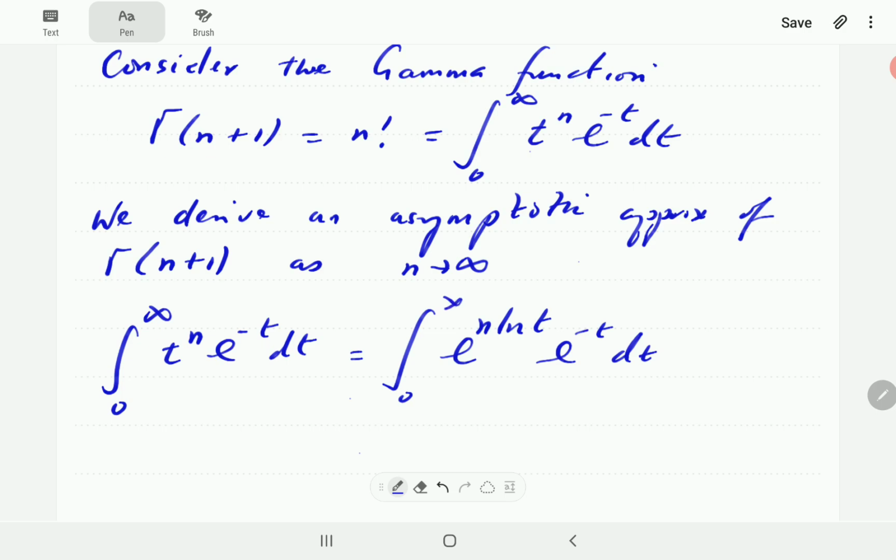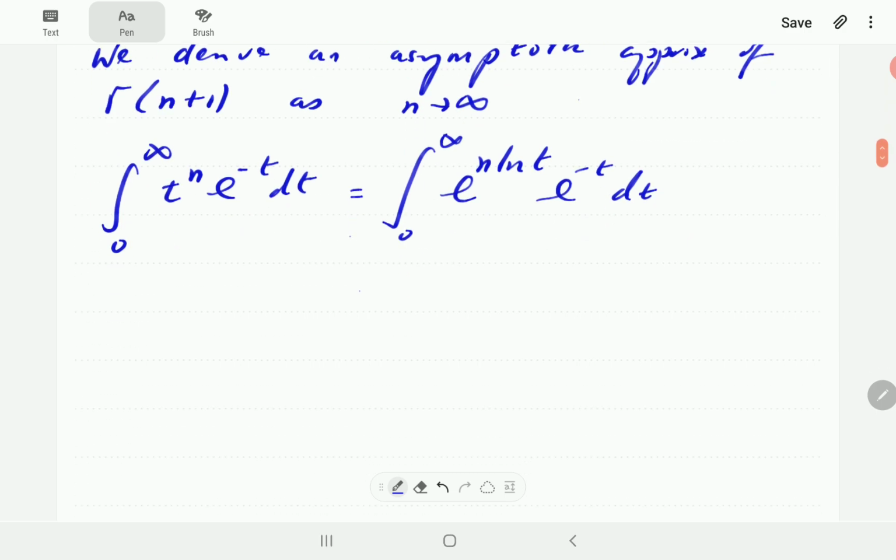So the term t to the power n, we're going to write it as an exponential, and then these two exponential terms we can combine.